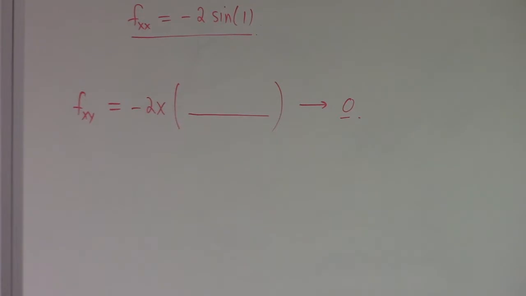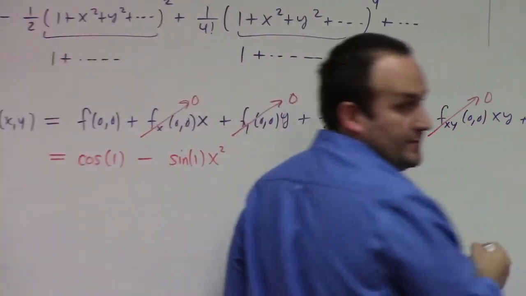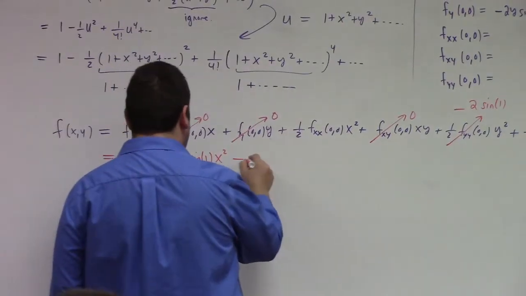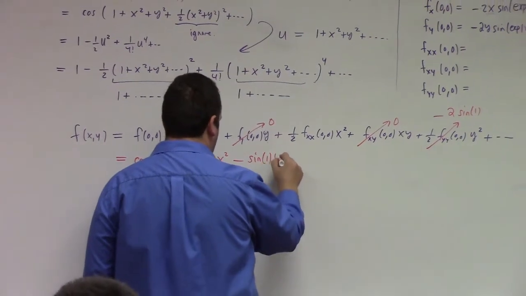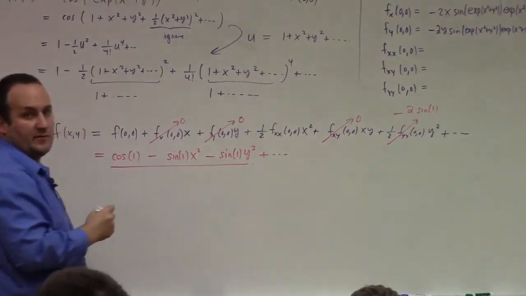Yeah, we can. I'm this far in. I got to finish it. So this is 0. By symmetry, this is also minus 2 sine of 1. And so here's the answer. The second order, that's it.